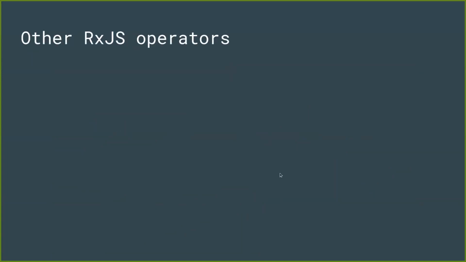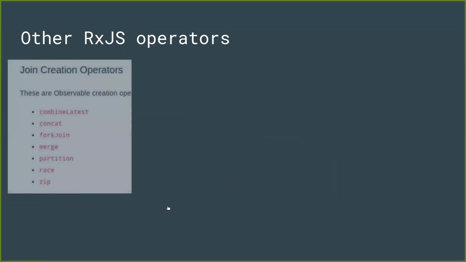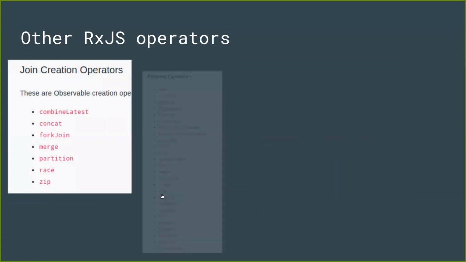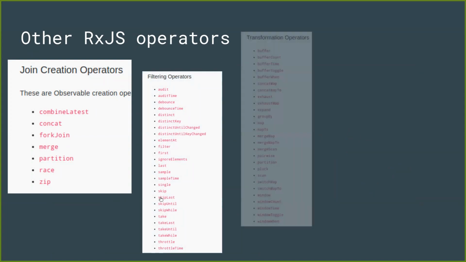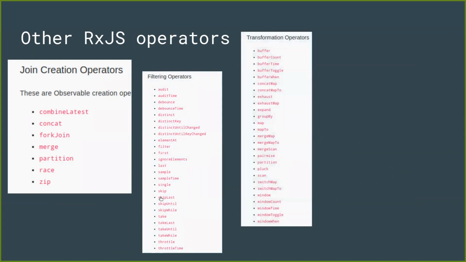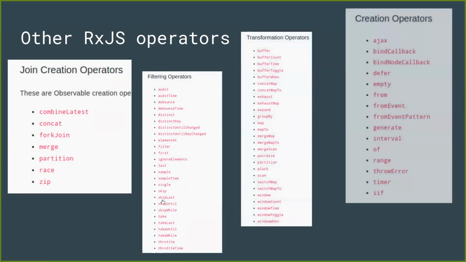There are many more RxJs operators than we've just used today. Unfortunately we don't have time for all of them, but let's at least enumerate their categories, right?